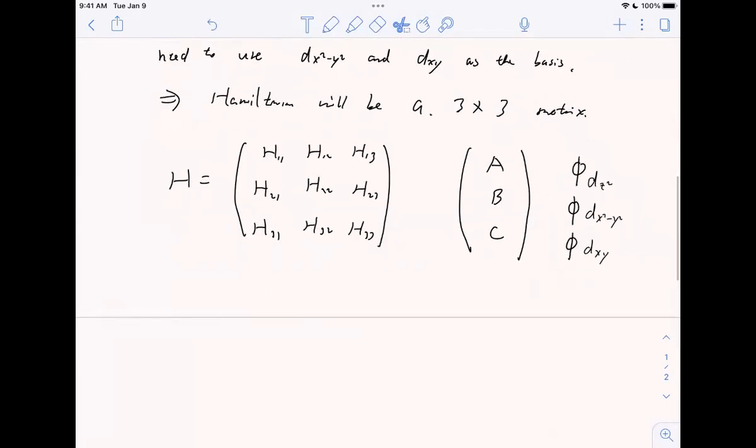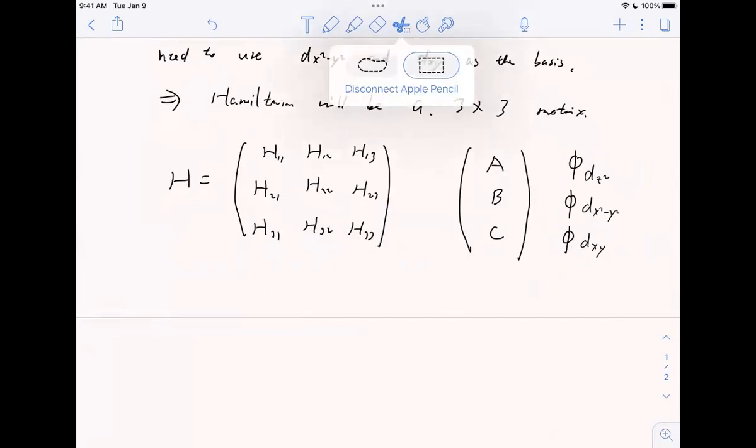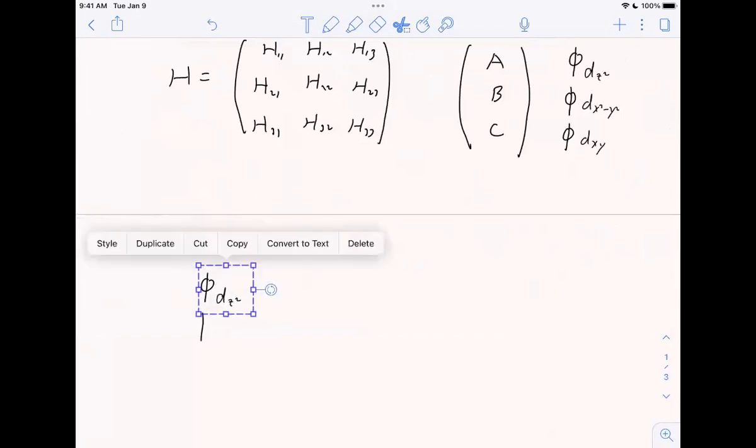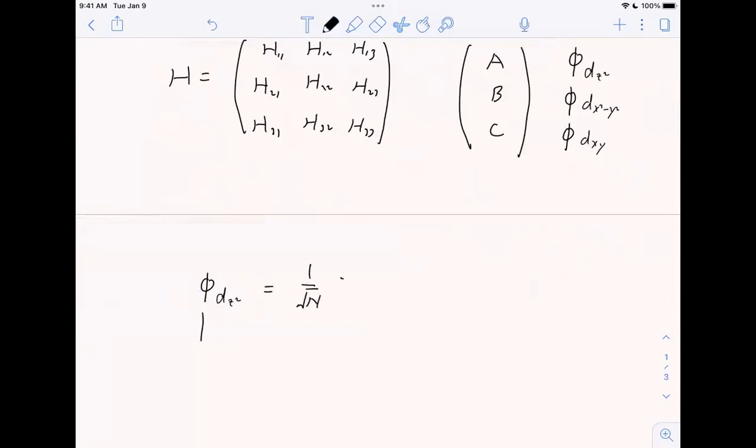So what does it mean? Each of these is a linear combination of e to the i k dot R, times a localized wave function.